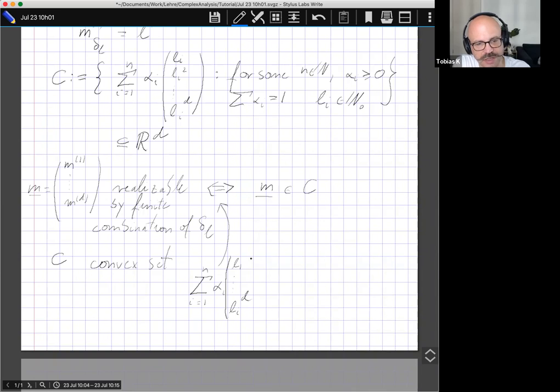So I look at these. What are these? These are just the moments of this probability measure, the sum of alpha_i delta_{L_i}, i equals 1 to n.